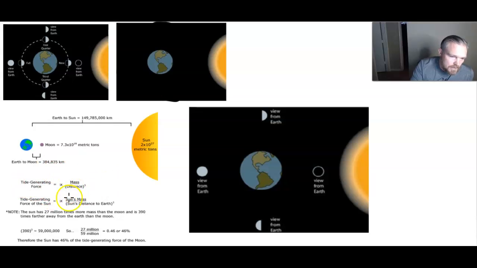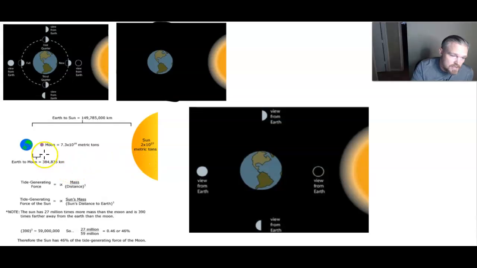This is basically the tidal generating force, and it runs through calculations and whatnot. Notice that the sun is huge in terms of mass, so it would have a really great effect on the Earth's tides. However, notice how far it is from the Earth, so it lessens the impact of its tides. The moon is really small compared to the sun, but it's really close, so it actually has a greater effect on Earth's tides than the sun does.